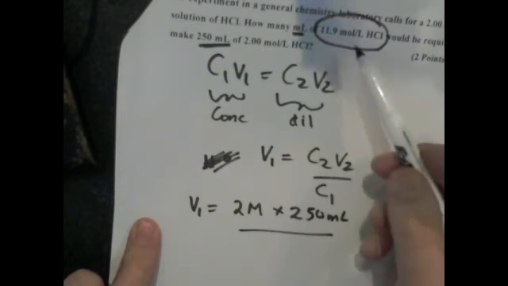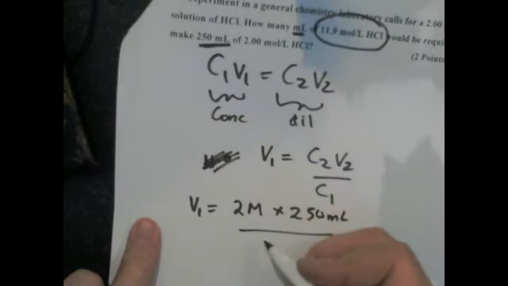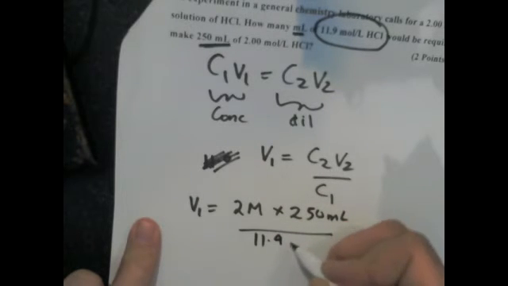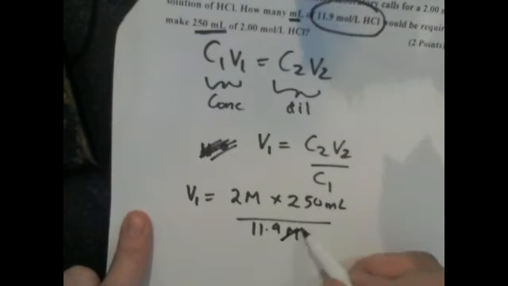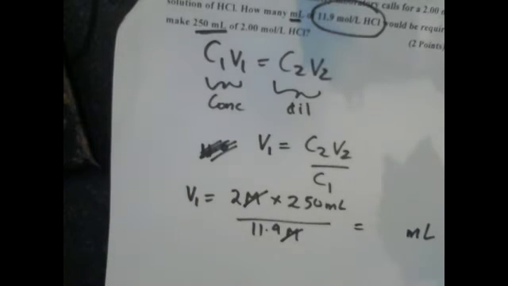And then C1 is my more concentrated one, and that's 11.9 moles per liter. And so you can see that my moles per liter cancels out and leaves me with milliliters. Now, it should be a number that is less than 250 because I'm going to take a little bit of the concentrated stuff and dilute it down until I have 250 milliliters.